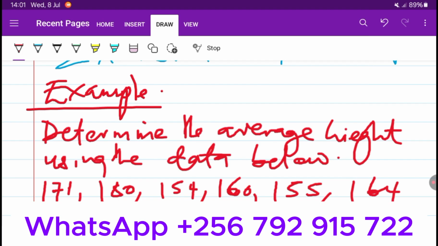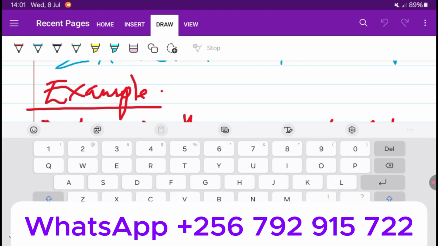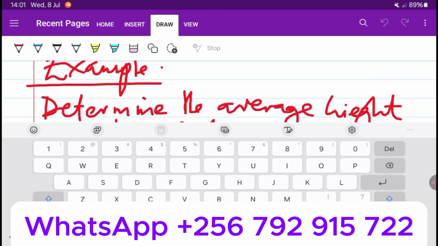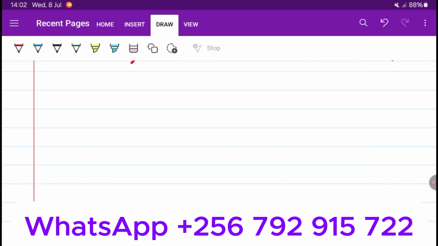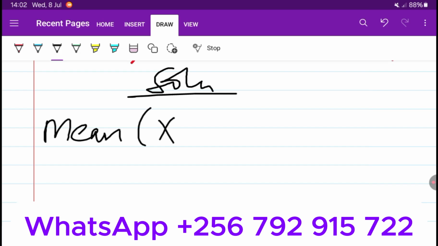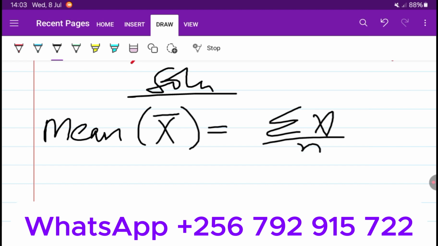So they want us to get the average height of the data set that they have given to us. So we have seen the data set. Let's try to get the solution. We said that the mean is represented by x bar, equal to the summation of x over n.